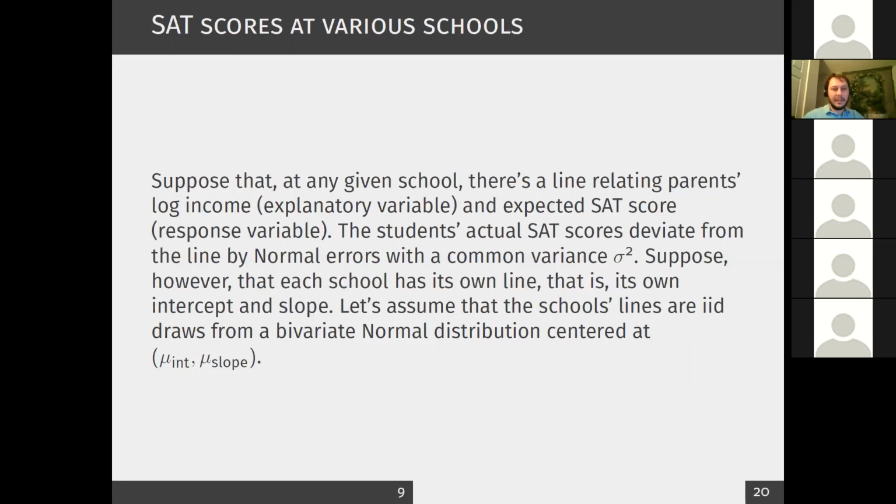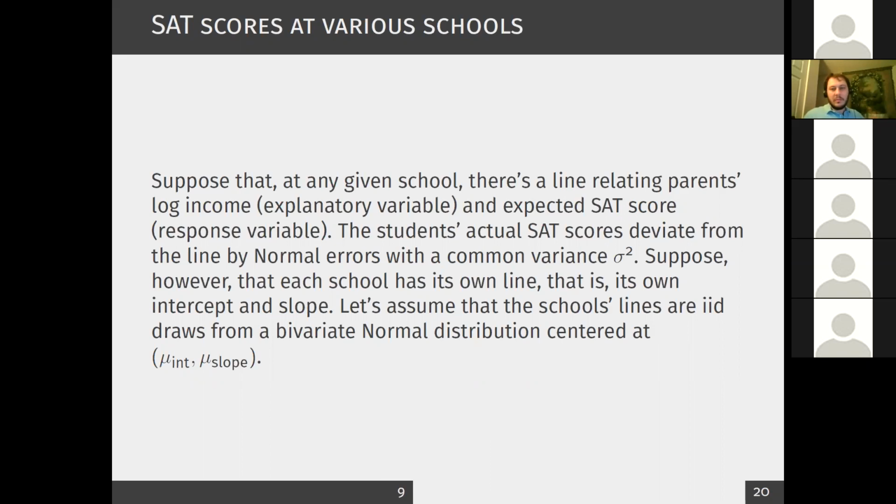And we're going to look at log of income and SAT scores of students. But let's say we're going to look at students from a variety of schools. We're going to take a handful of students from each of a large number of schools and think about the overall relationship between SAT scores and parents' income.